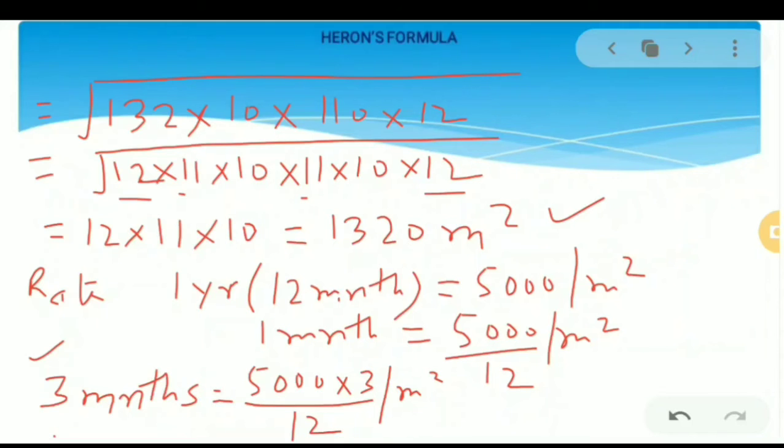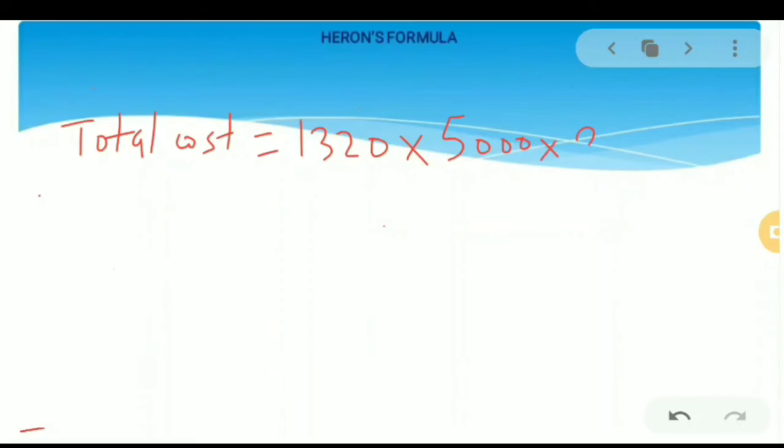So we will get this way: area is total cost. Now area is 1320, rate is 5000 into 3 by 12. Now let me solve it. 12, 330.